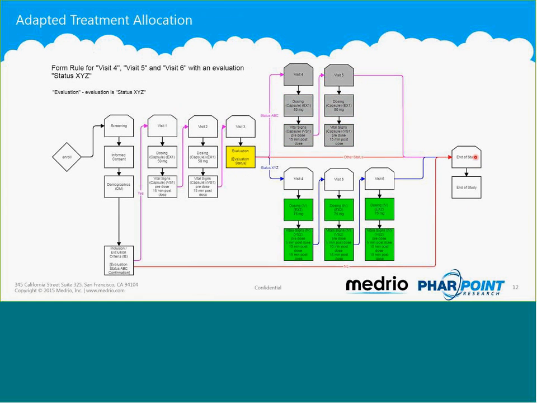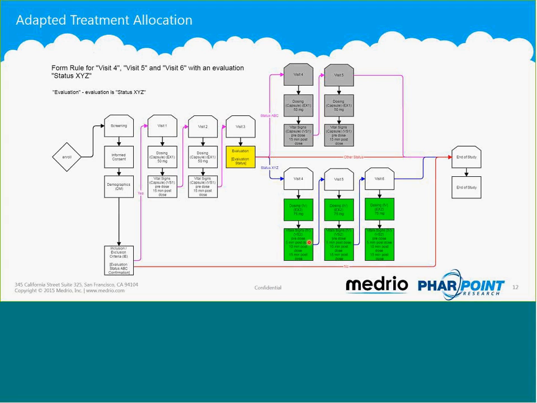However, say it turns out that the evaluation of that subject was a status of XYZ. So now we switch gears and introduce, instead of a visit 4 or 5 capsule procedure, a visit 4, 5, or 6 IV dosing procedure, which necessitates a different design and dosing form as well as a different design in our vitals form, because of the protocol-defined capture points for IV dosing.